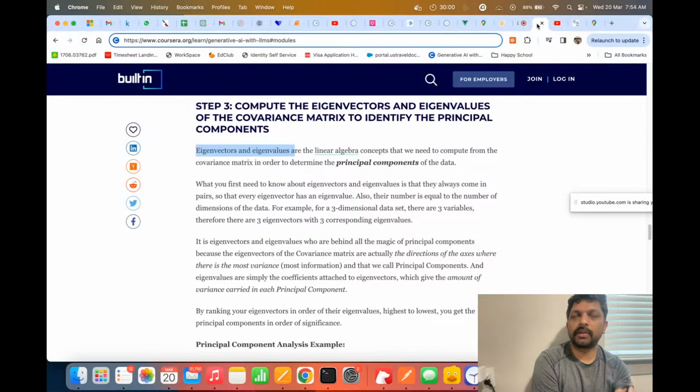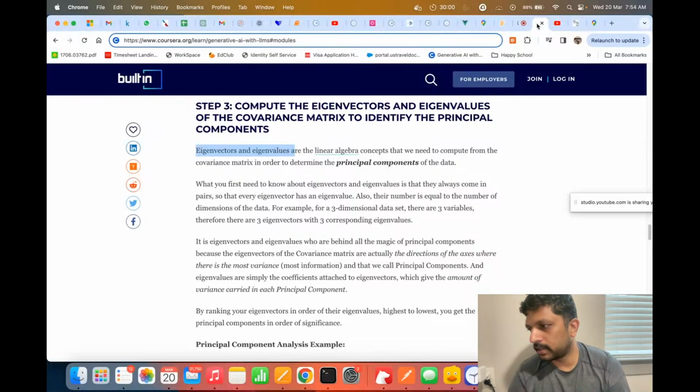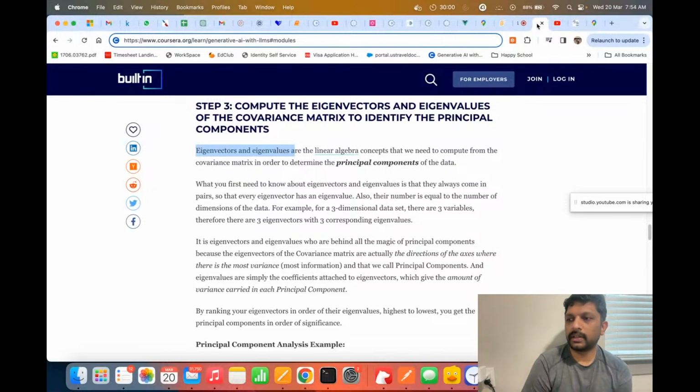So it's a combination of multiple features together. It's an equation, which is derived from the remaining features, which we believe is the right thing to do for reducing the feature dimension.